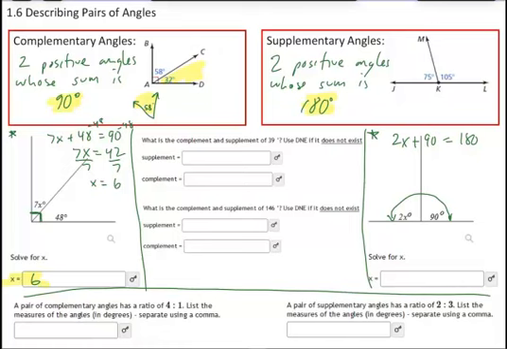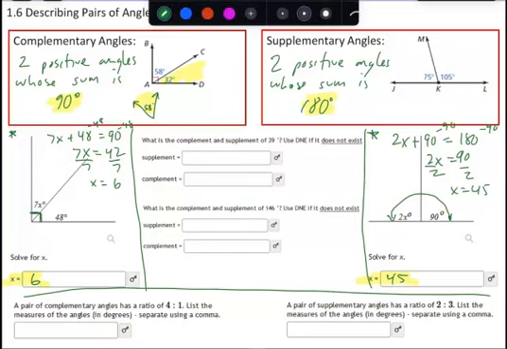And so when you solve this, you get 2x is equal to, subtract 90 from both sides, and then divide by 2, and you get your x value to be 45 degrees. And once again, double check, make sure it's asking you to find x, not what the actual angle measure is.